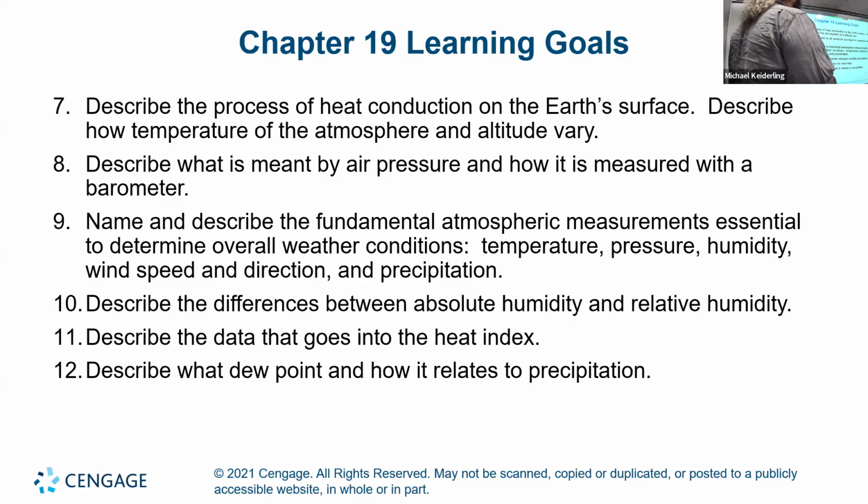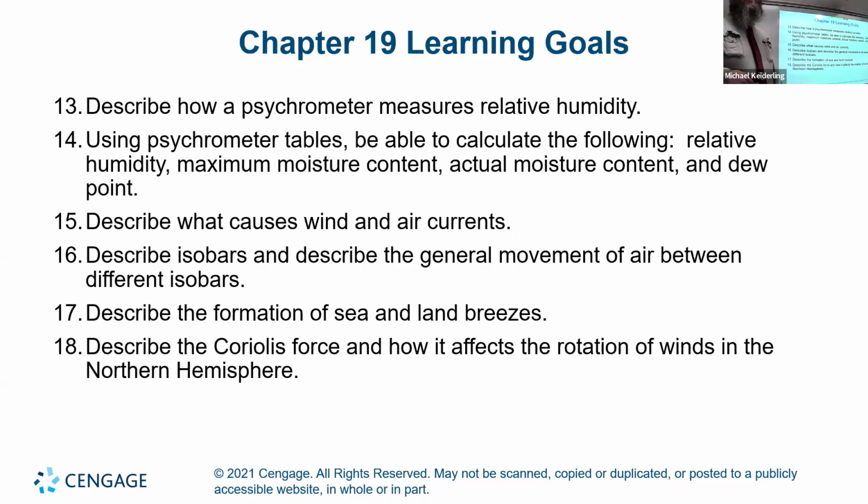We'll talk about the difference between absolute humidity and relative humidity. We'll talk about the data that goes into the heat index. We'll describe what a dew point is and how it relates to precipitation. We'll describe how a psychrometer measures relative humidity. We'll go over using psychrometer tables, how to calculate the relative humidity, maximum moisture content, actual moisture content, and dew point.